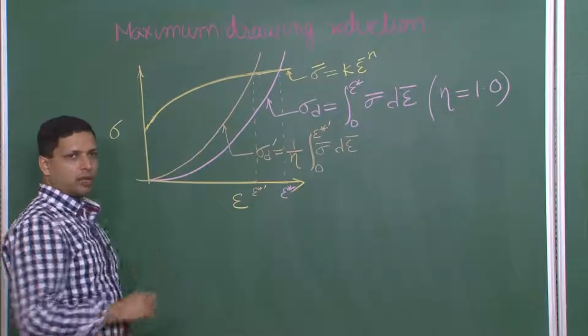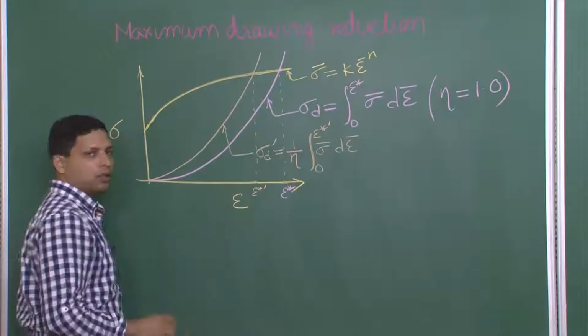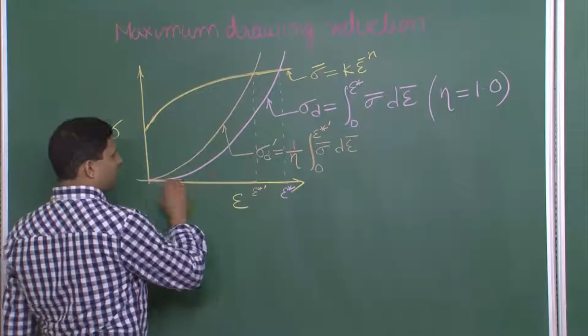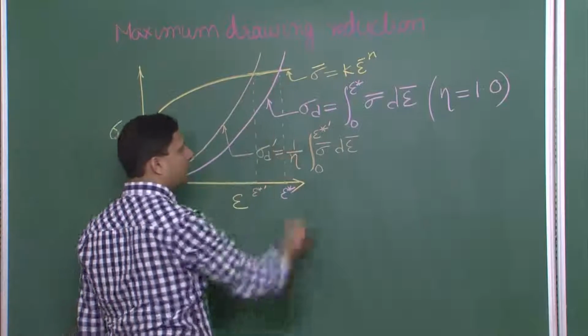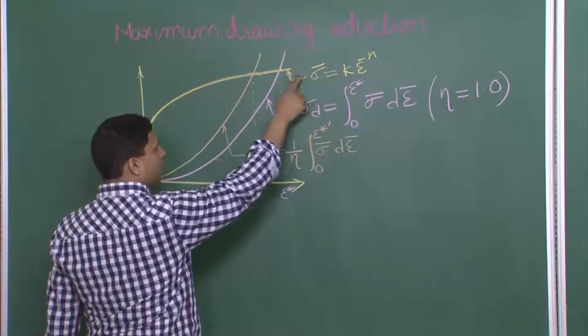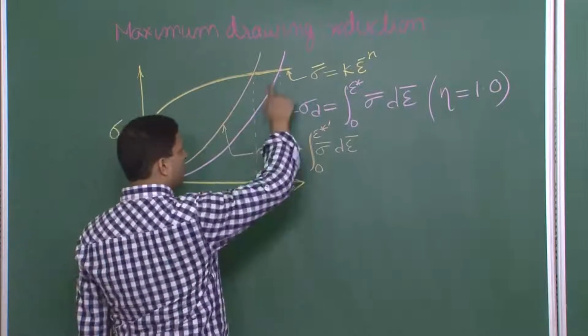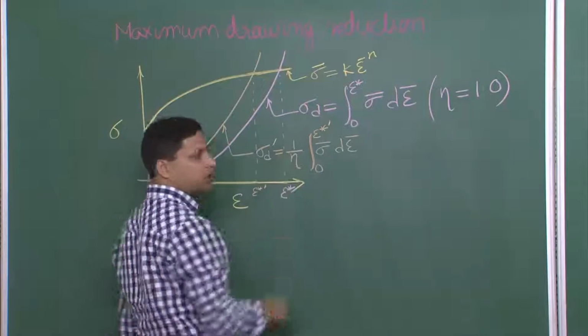So, all the things that we discussed using equation can now also be seen through this plot. This is our stress strain plot, this is the actual sigma d, and this is the flow behavior sigma bar, which is given by the power law behavior, and one of these plots is our drawing stress behavior.